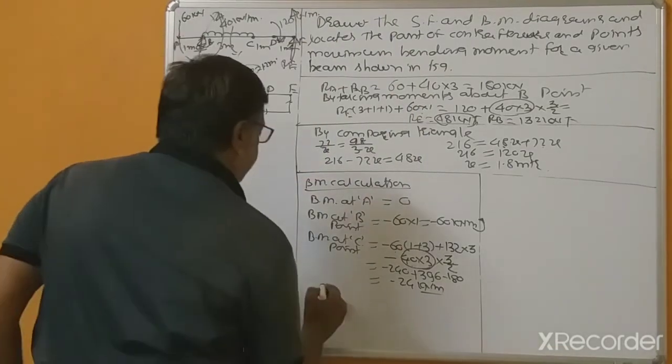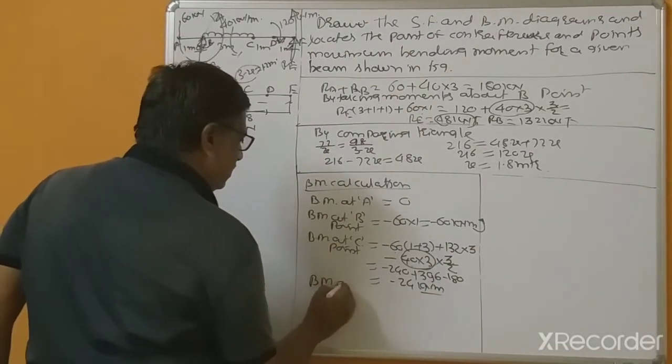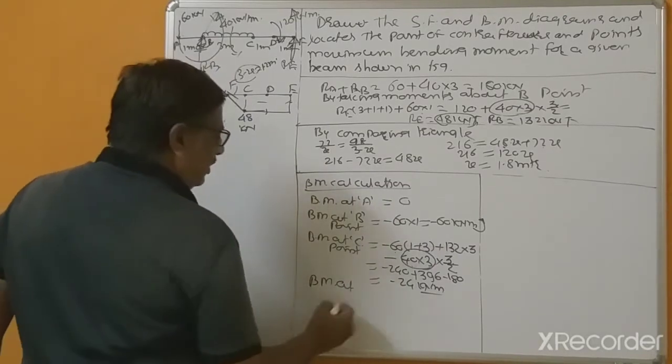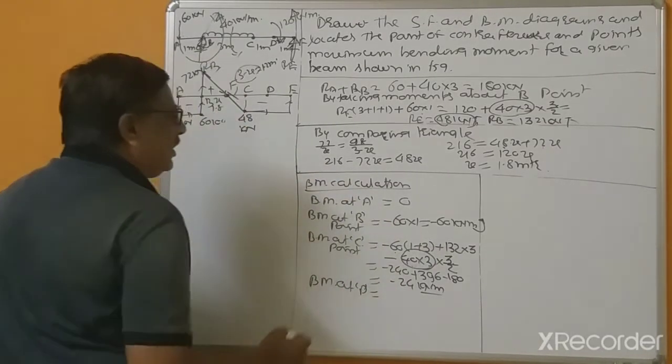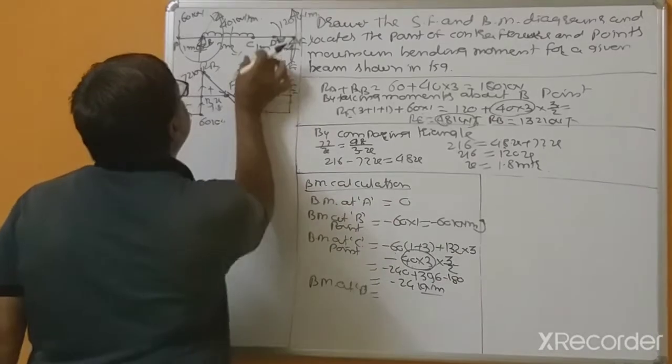Right. Next, bending moment at D point. Again we have to increase this distance by 1 meter.